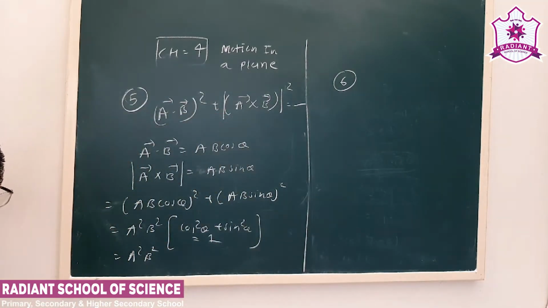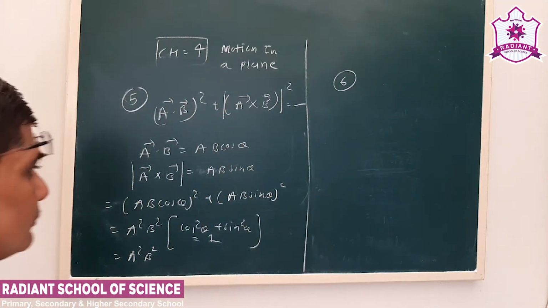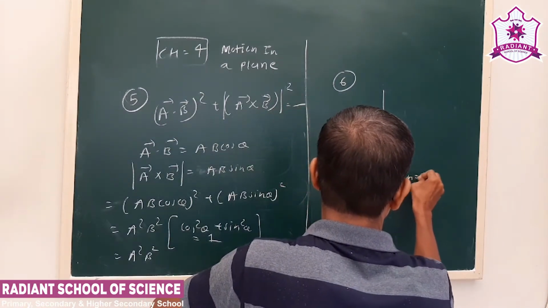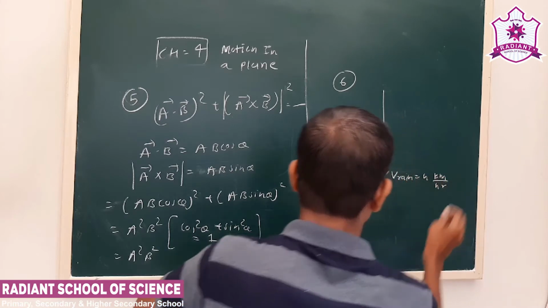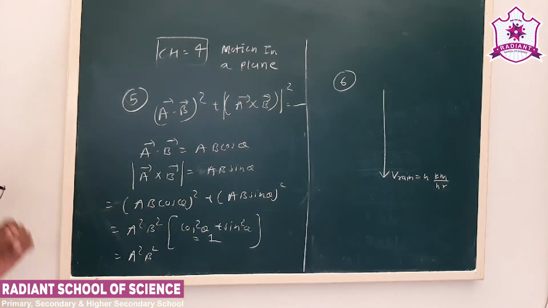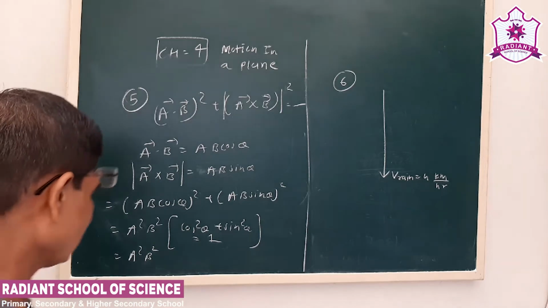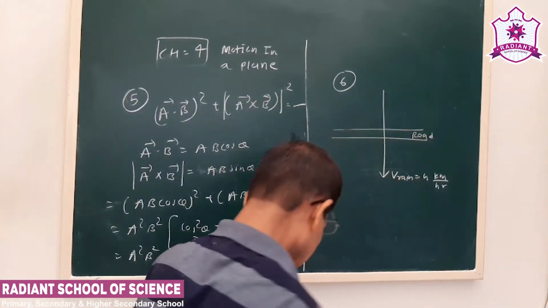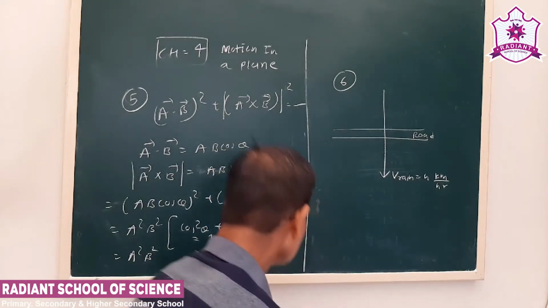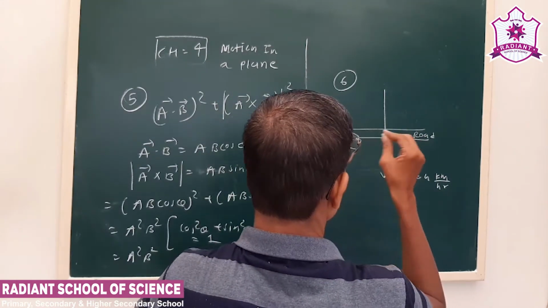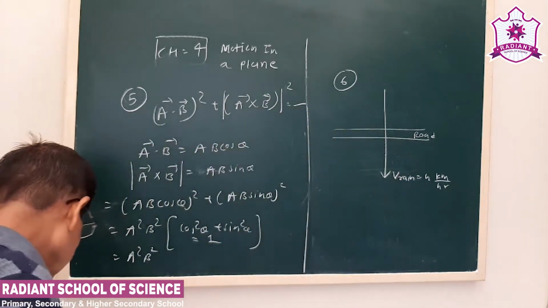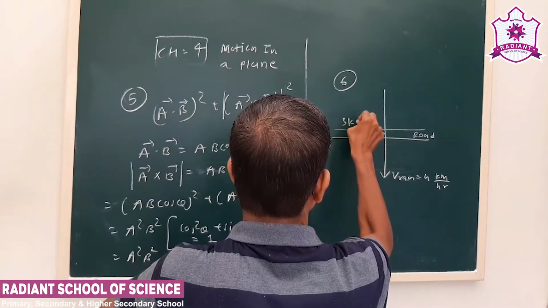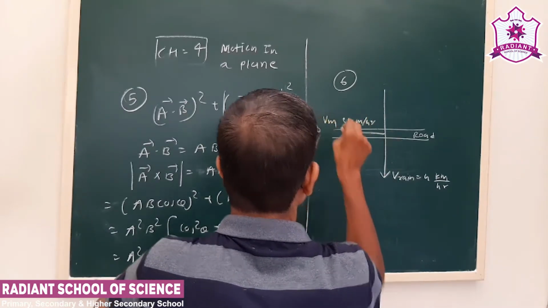Here see, the rain falls vertically downward with a velocity of 4 km per hour. A man is walking on a straight road with a velocity of 3 km per hour. Now let us say this is the road.